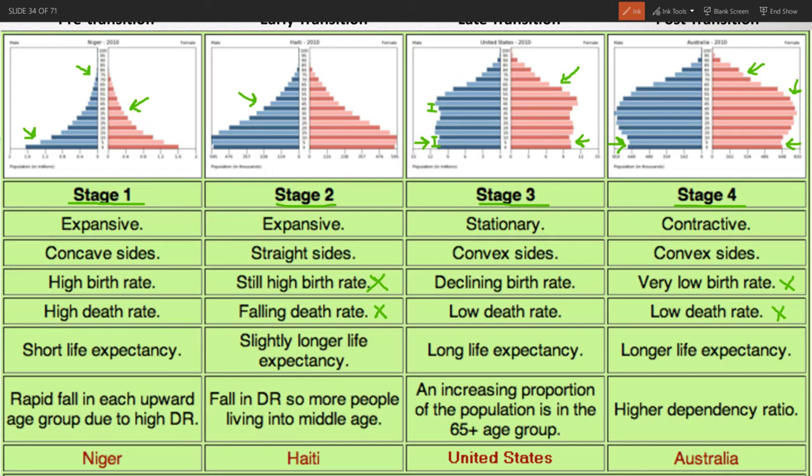So, for these pyramids, we've basically talked about how they work, what they show, so you can indicate problems with populations at given stages or likely problems that these populations would have to face. For example, in stage 2, with high numbers of young people, there's going to be issues with providing adequate education in terms of services and the costs of doing so and that type of infrastructure.